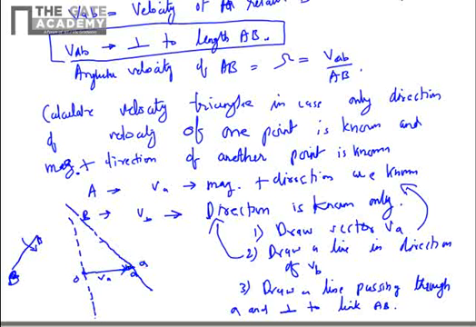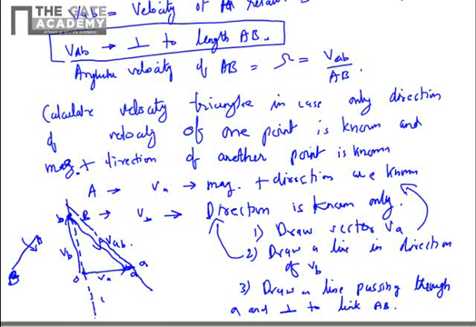So this line and this line will intersect somewhere. At the point of intersection you can find B. Now this velocity becomes VB and this is VAB.